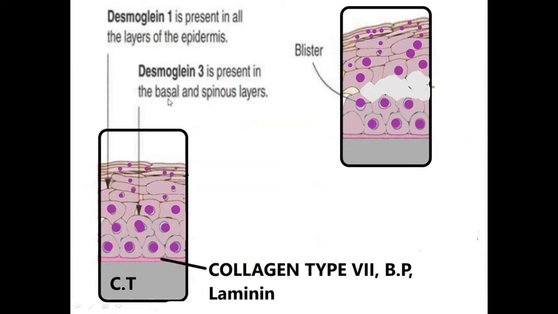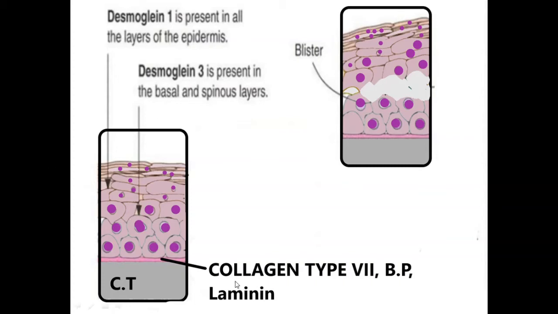Desmoglein 3 is present in the basal and spinous layer, between the basal and the spinous layer. If desmoglein 3 is affected, then the bulla formation or the antigen-antibody reaction will be there between the basal and spinous layer.